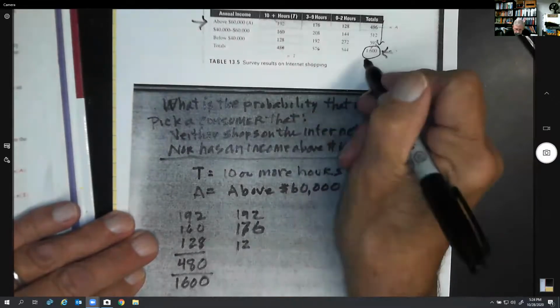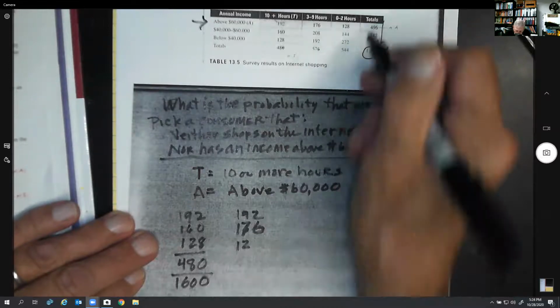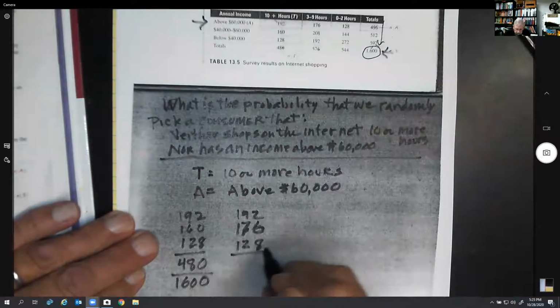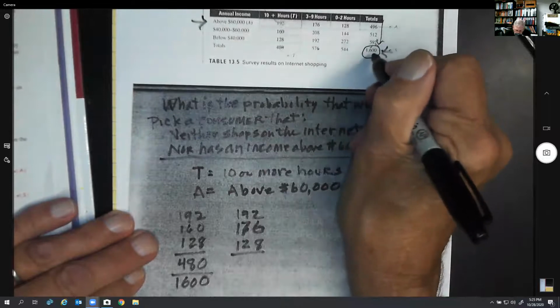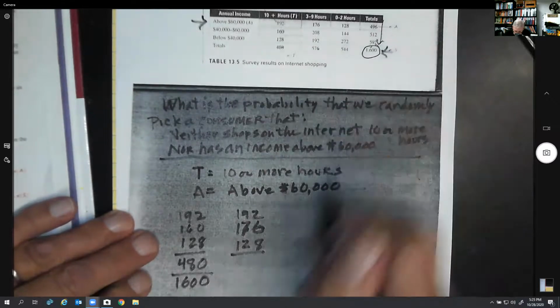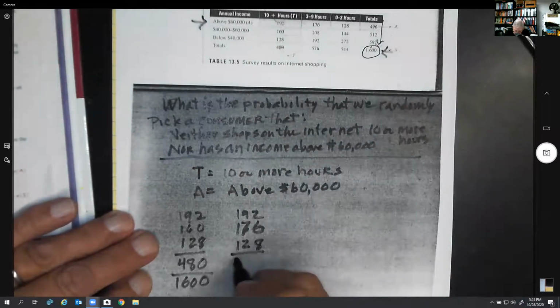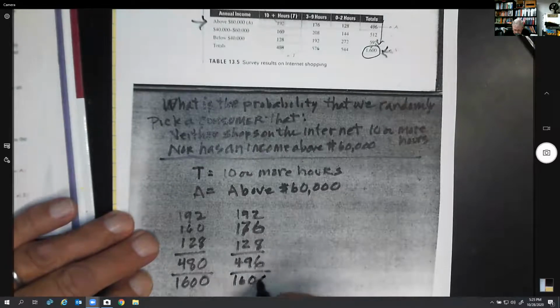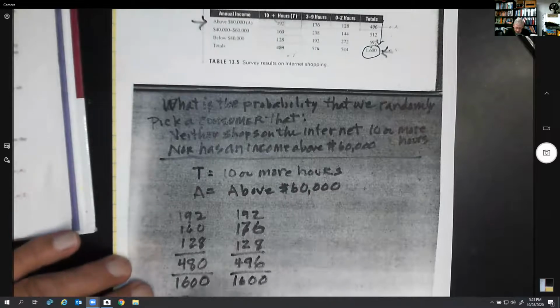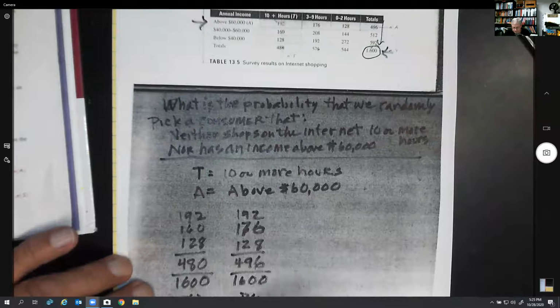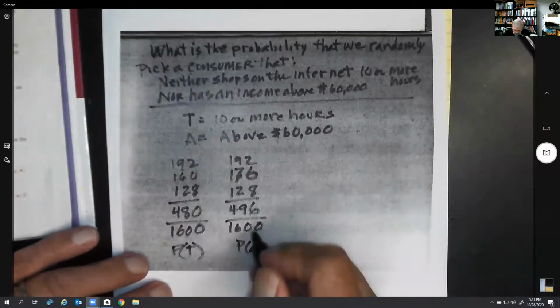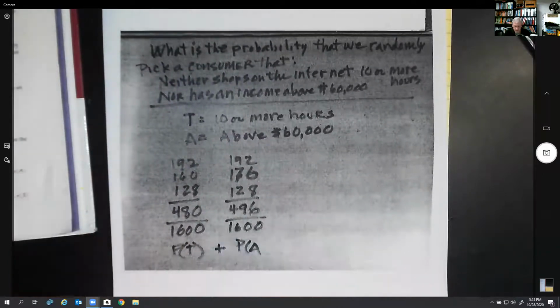And that adds up to a total of 496 out of 1,600. So this is the probability of T. This is the probability of A. But if we just added them together, we get that answer.